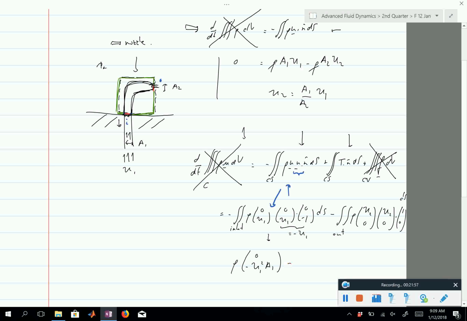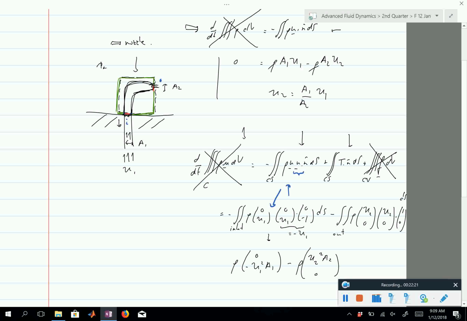So I get here minus rho u2 squared a2 0. Okay, so that's what I get.